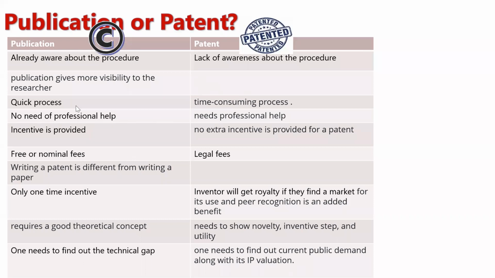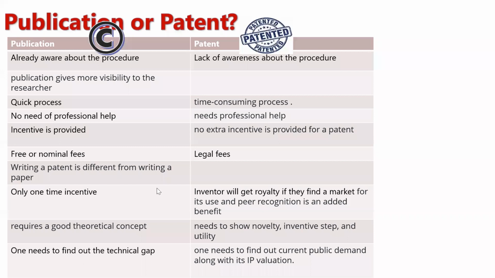So in the publication, no need of professional help. For the patent, you need professional help. And in the publication, once you publish, you will get a one-time incentive. That is the case of a research paper.